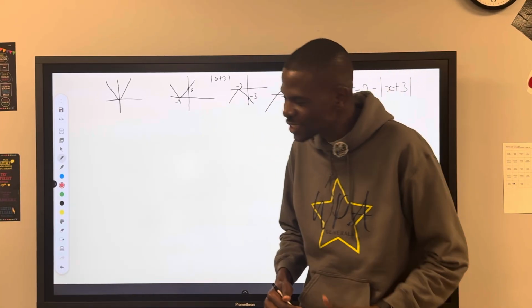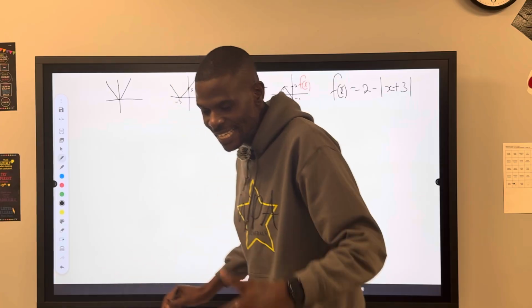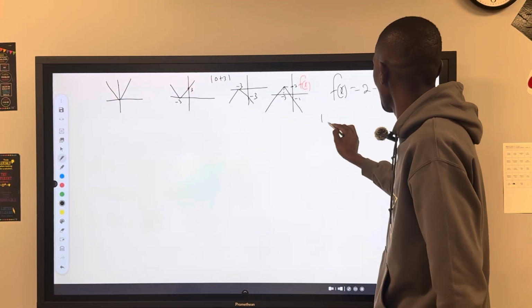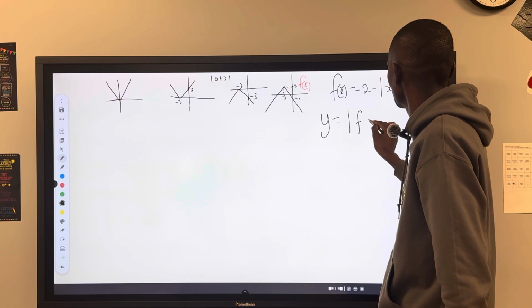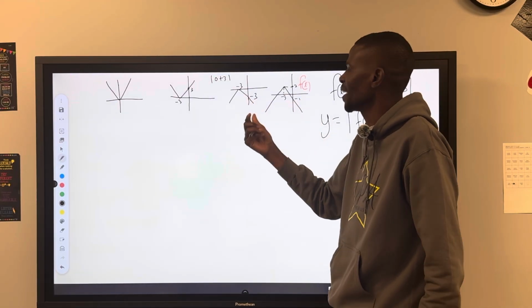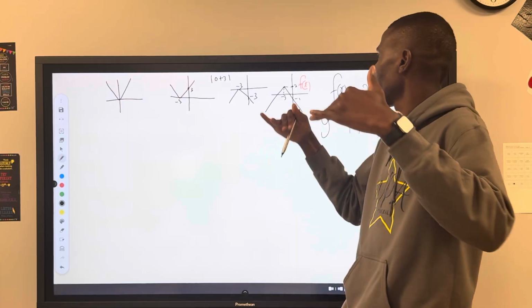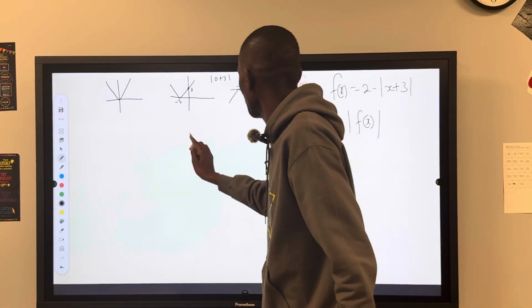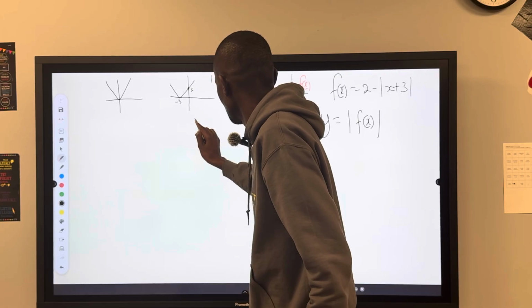But now, according to the question, we need to graph y equal to absolute of f of x, right? So it's this graph here, meaning to say we are going to reflect all the negatives across the x-axis. So our function will be this.